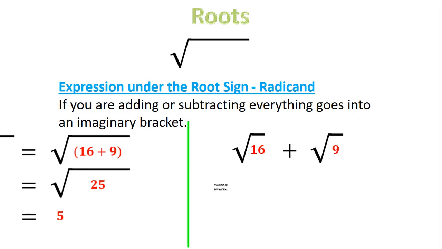Now, the square root of 16 is 4 plus the square root of 9 is 3. 4 plus 3 is 7. Can you see that you get a different answer? When you're adding or subtracting, you have to do everything under the root sign first before you square it.